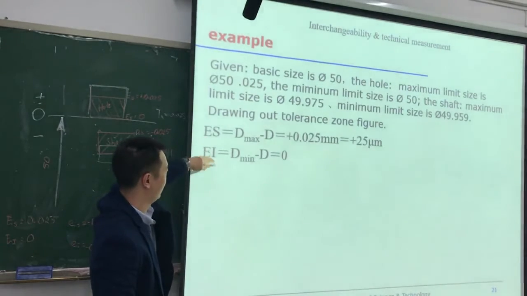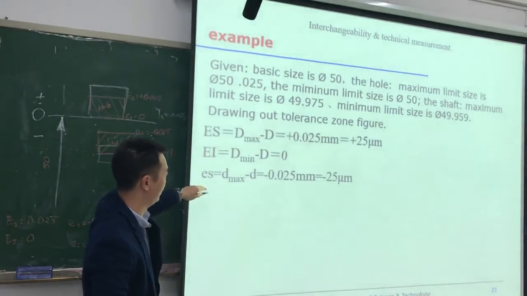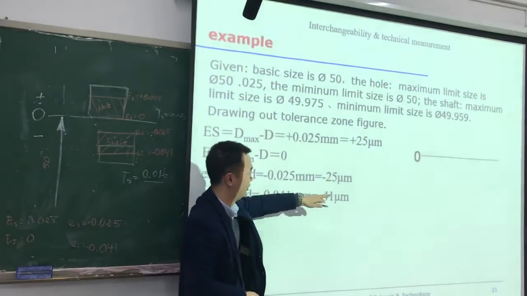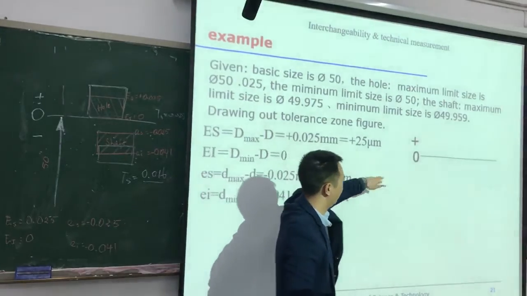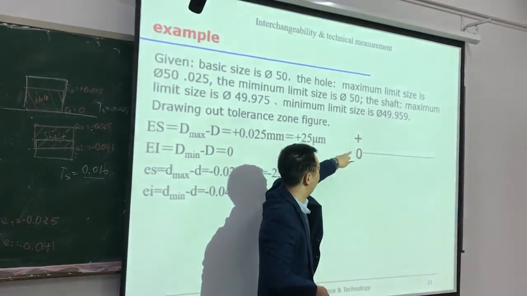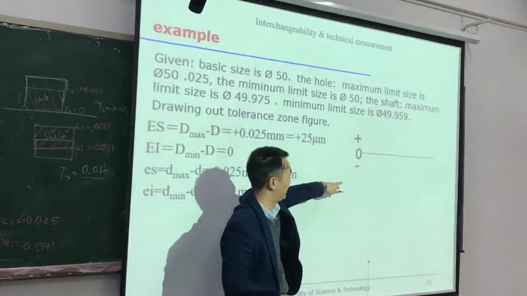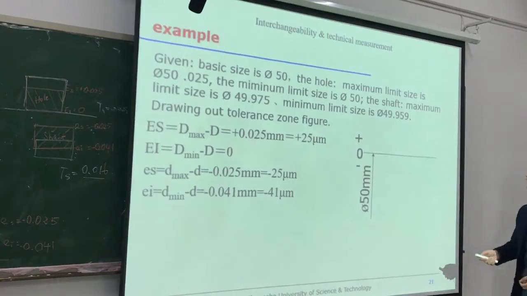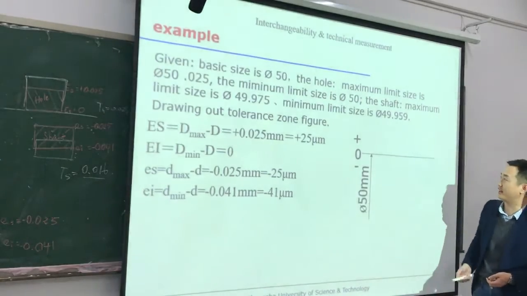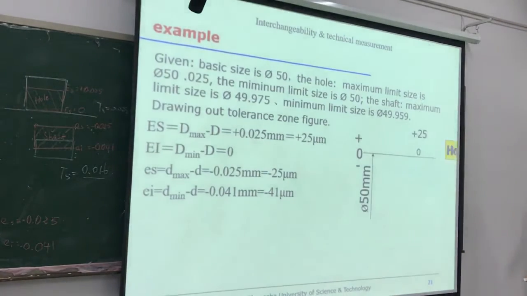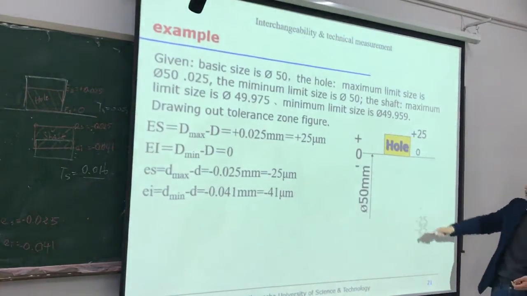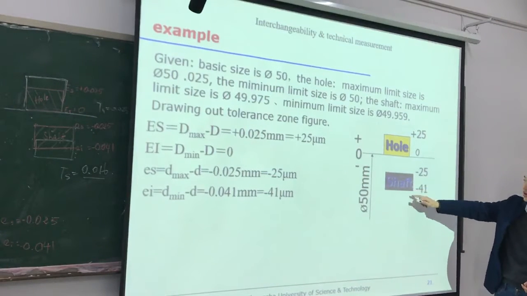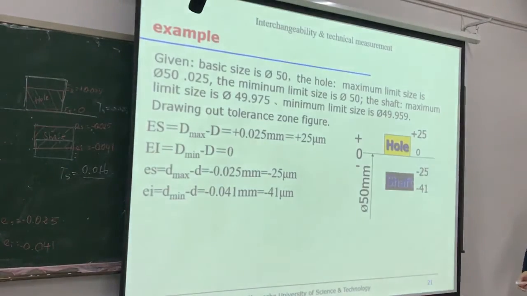We can get those deviations easily, just minus the basic size and draw the horizontal zero line, and put those plus and minus signs here, and indicate the basic size, and we got the hole and we got the shaft, the tolerance of the shaft.